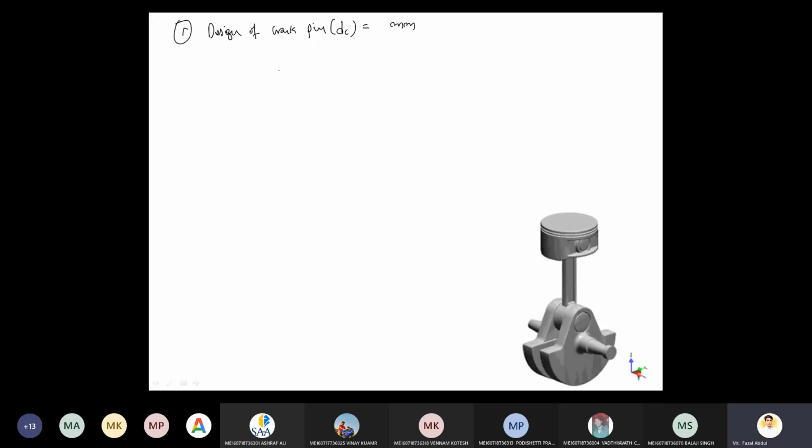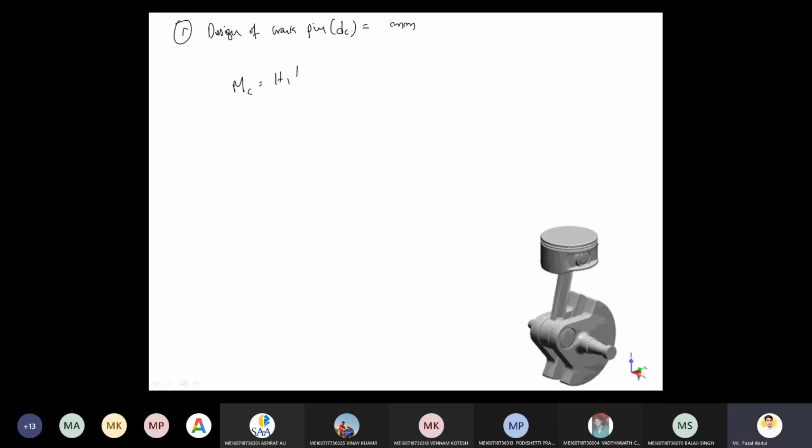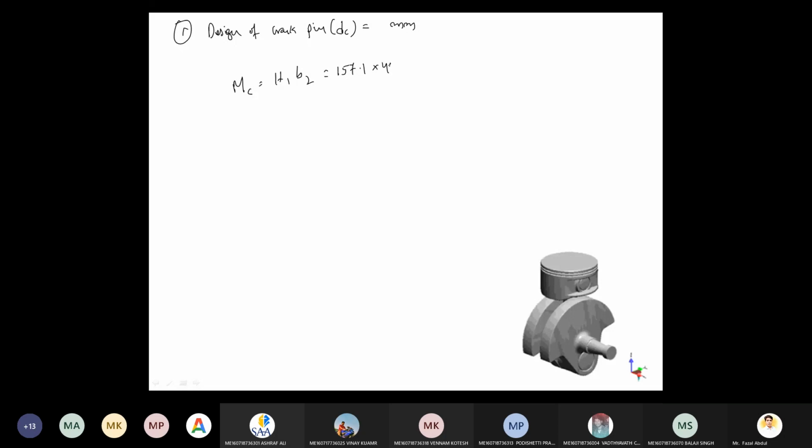In the design procedure, the crank pin is subjected to a bending moment of H1 into B2. H1 we calculated as 157.1, and B2 we got as 400 mm.